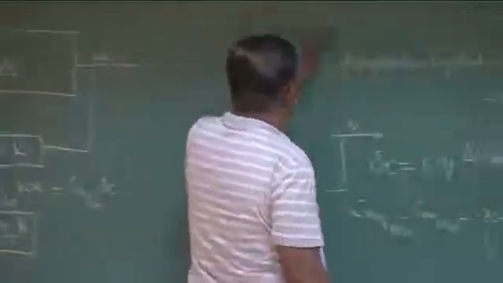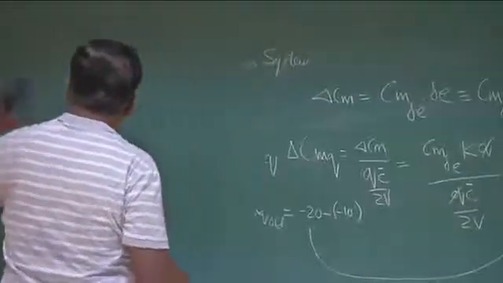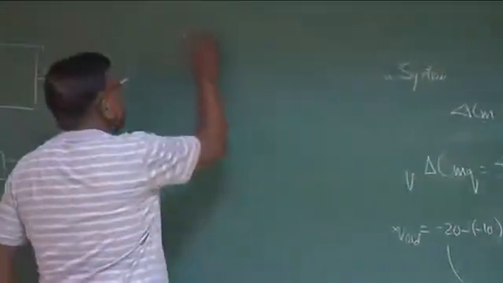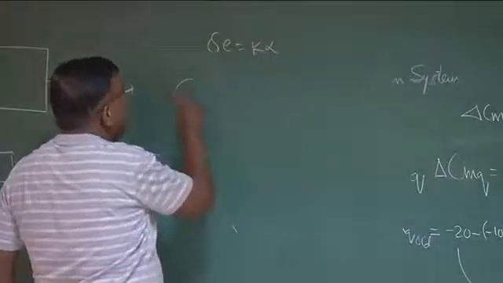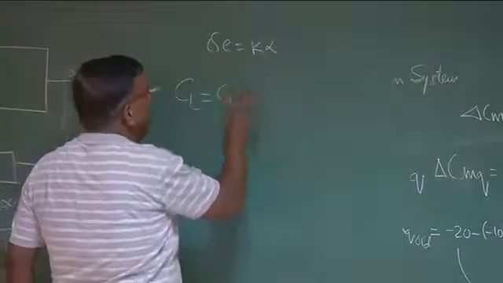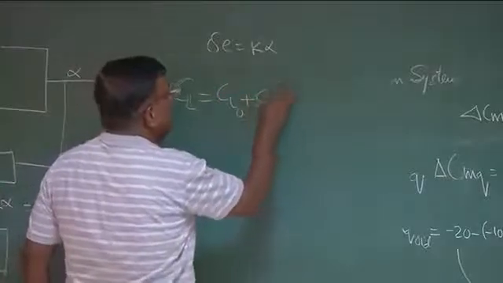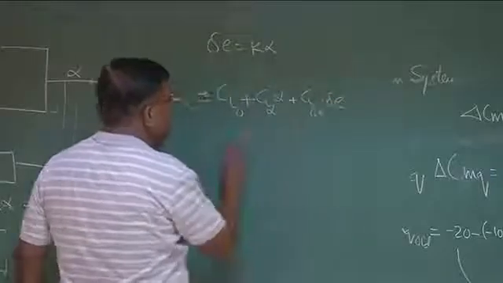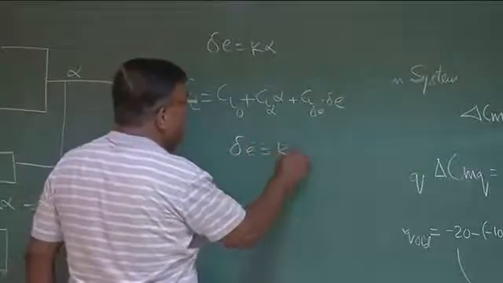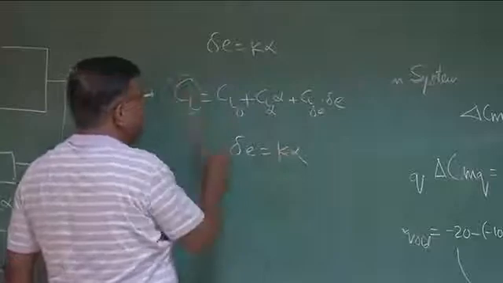But all these things are fine, but do not forget that the moment I am using delta E equal to K alpha, please understand, if you see the CL equation, that is CL naught plus CL alpha into alpha plus CL delta E into delta E. And delta E equal to K alpha, so your CL also gets modified.